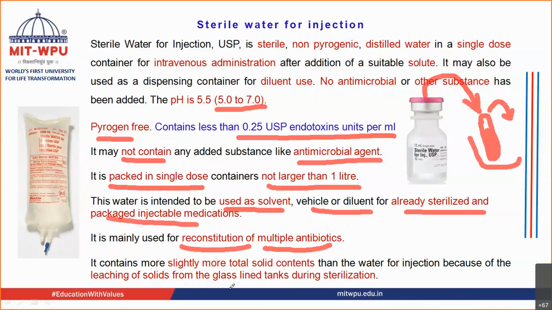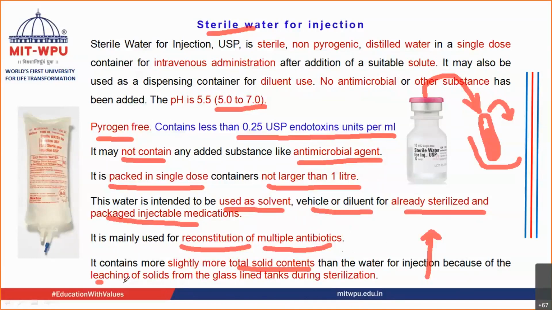But you have to remember that the total solid content of sterile water for injection is usually a bit higher than water for injection. The reason is that wherever sterile water for injection is prepared, heating etc. is carried out to sterilize the water for injection further.